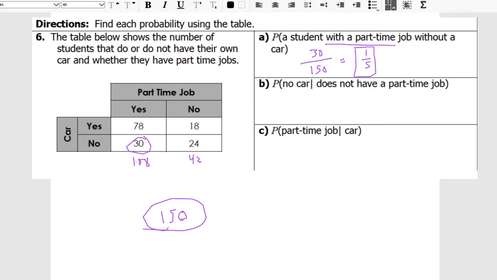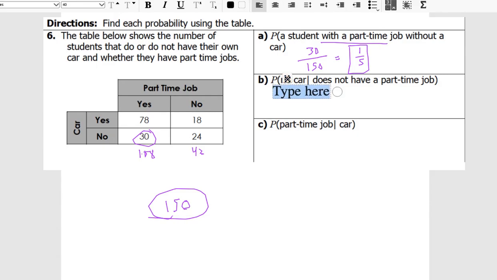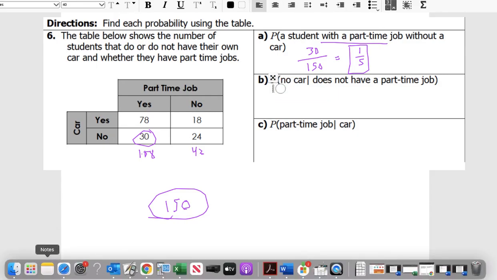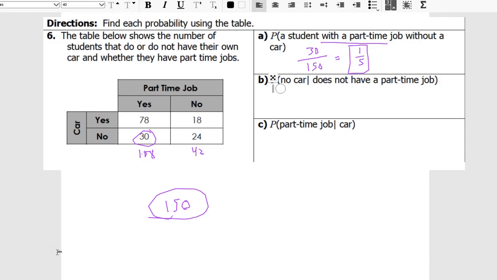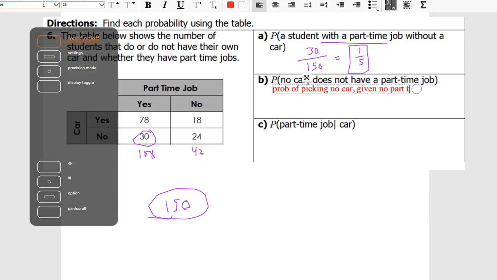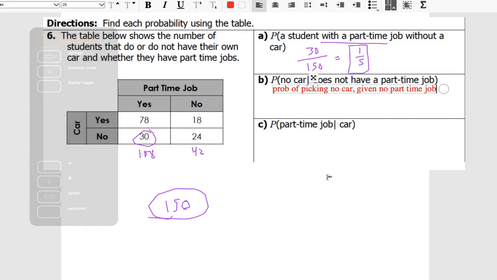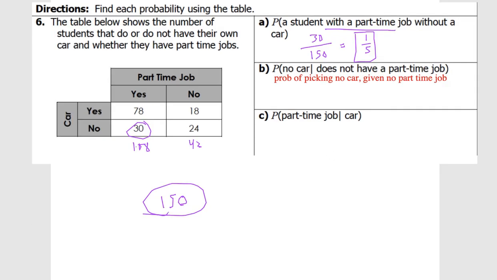So remember, this means the probability of picking a no car student, given no part-time job. That's what that notation means. That's how we interpret that.